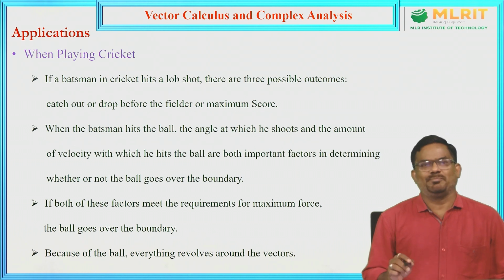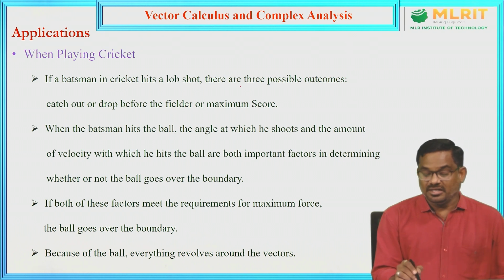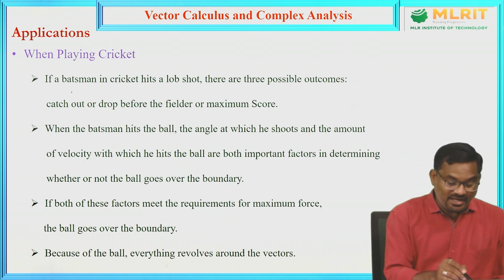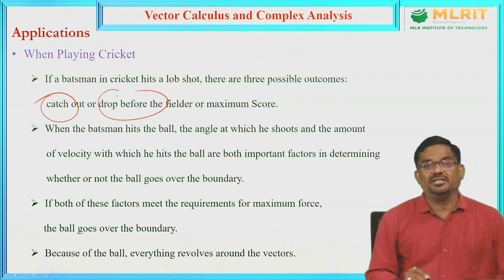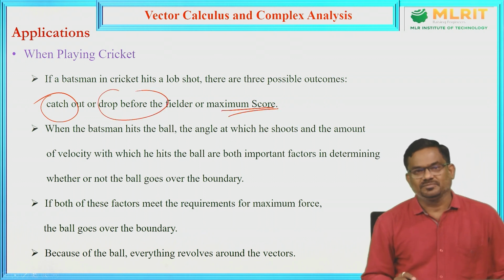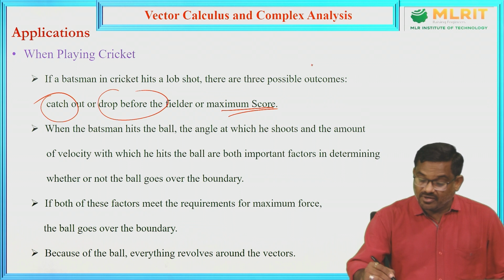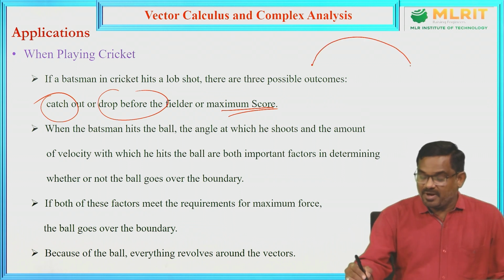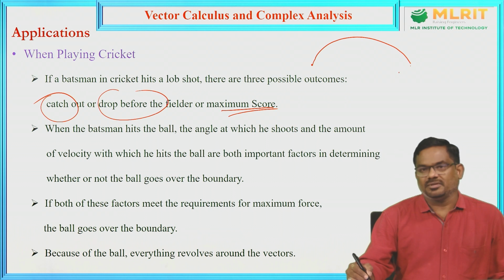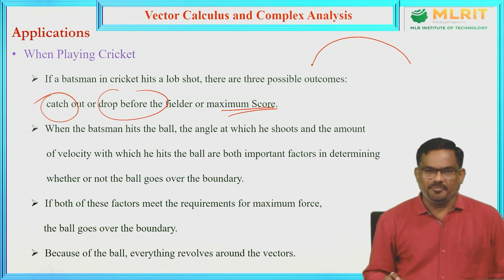And also while playing cricket, if a batsman hits a shot, there are three possible outcomes: either a catch out, or a drop before the fielder, or the maximum score. When the batsman hits the ball, it goes in a projectile nature. Sometimes it may be a catch out or catch drop, or else it may reach the maximum distance, that means a boundary.